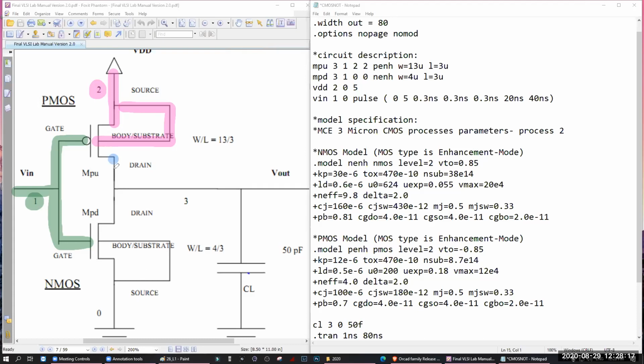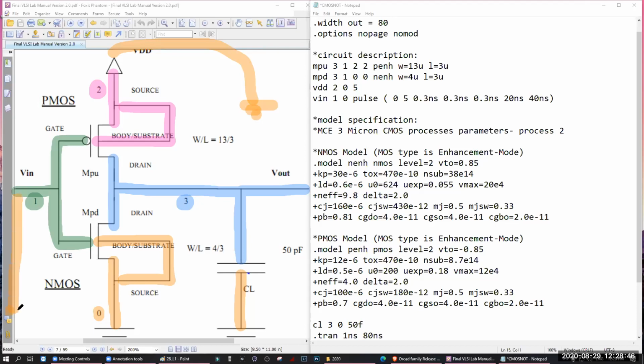This is 3. Next, use a different color. This is the ground. And the body is also grounded. This is also ground, right? And here you have another ground. Also the V in.